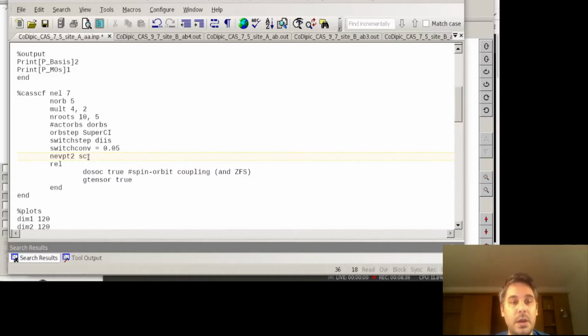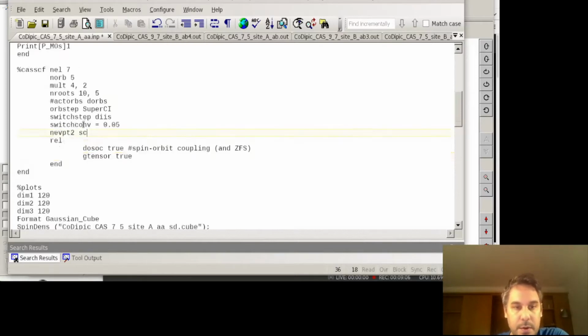So in the same way, CASSCF describes a lot of things well qualitatively, but in some cases it's not quantitatively good enough because it's lacking dynamic correlation. So perturbation theory is one of the possible ways of including this dynamic correlation, and SC, for strongly contracted, is one of the options for NEVPT2, but it's something that I have never really explored.